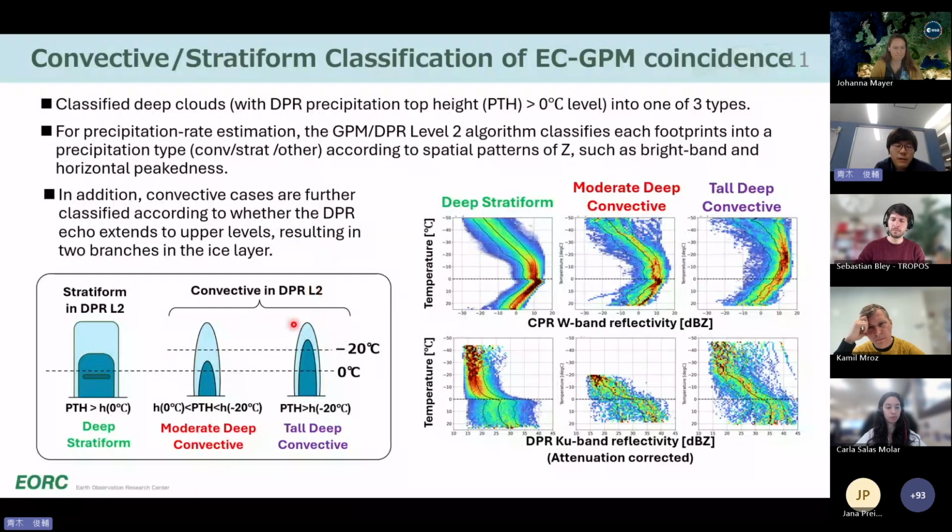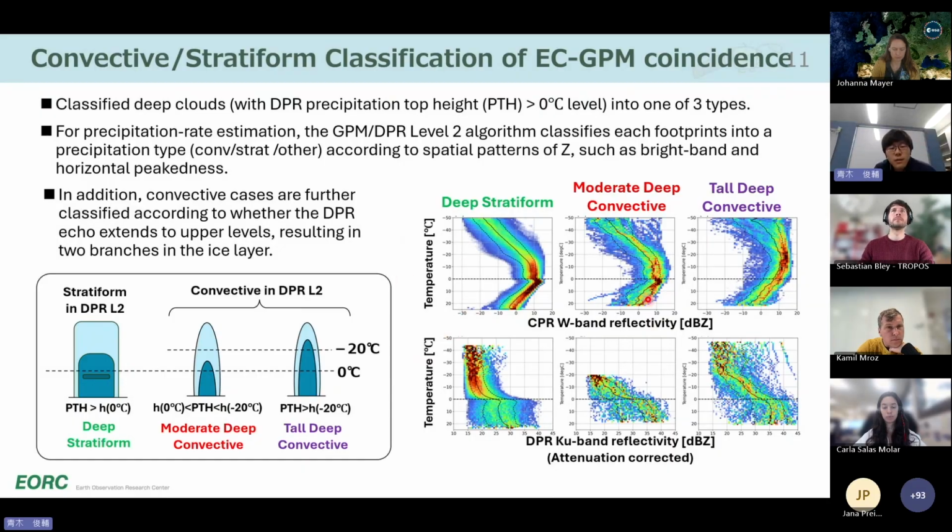In addition, we categorized the convective part further into two types, according to whether the DPR echo extends above the upper level. The right-hand side shows the reflectivity on the x-axis and temperature on the y-axis.